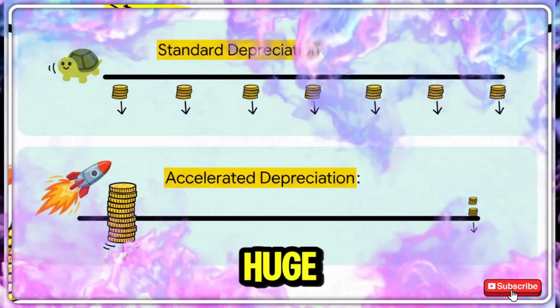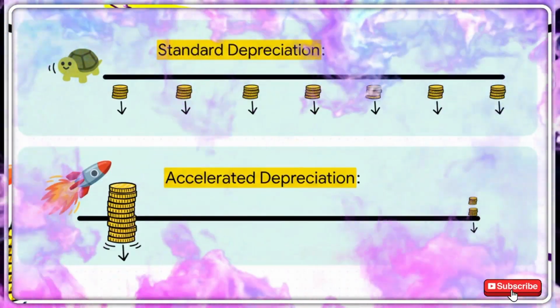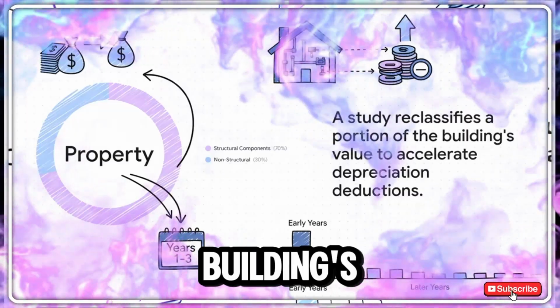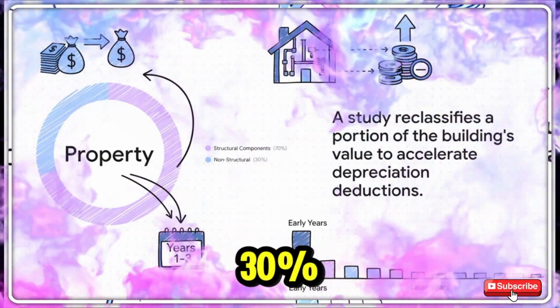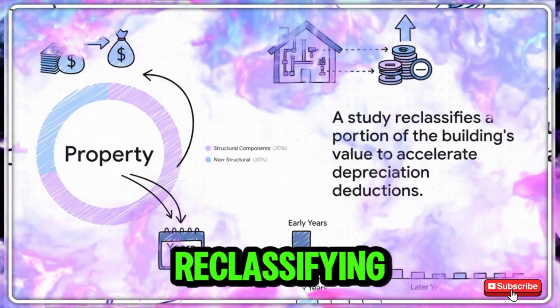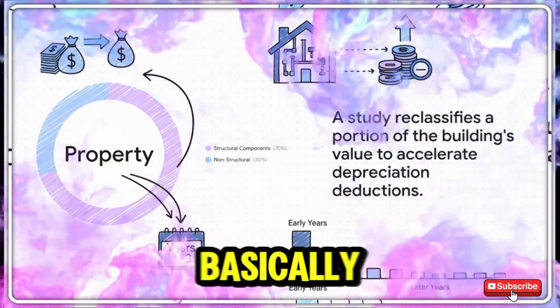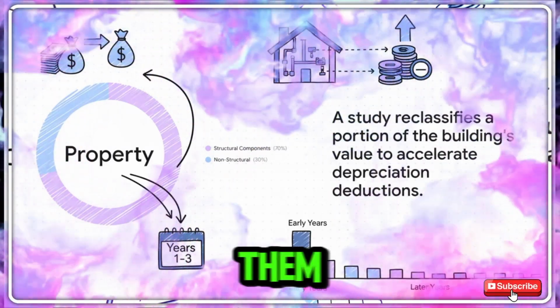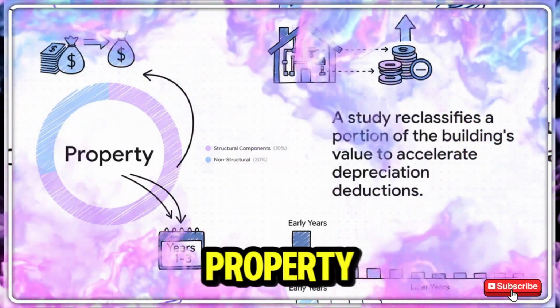This lets you pull huge deductions into the present. A typical study might find that a pretty big chunk of a building's value, maybe around 30%, is actually tied up in these non-structural components. By reclassifying that portion, you're basically taking years and years of future tax deductions and cramming them into the first few years you own the property.